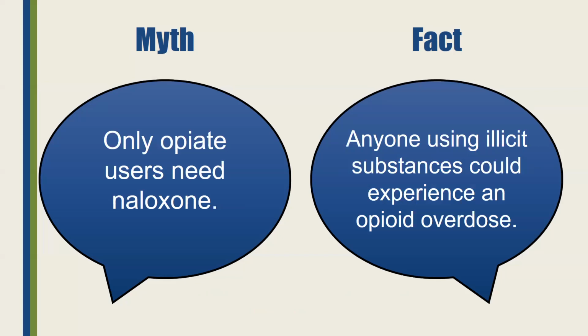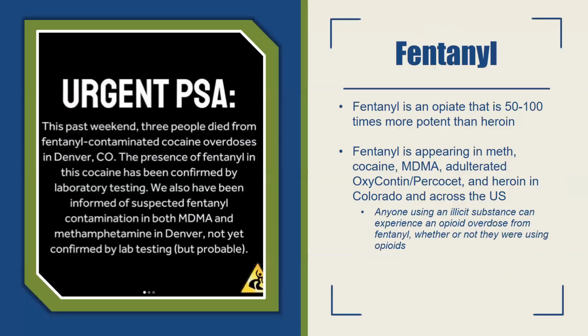Another myth that we have been hinting at is that only opioid users need naloxone. The truth is that anyone using any sort of illicit substance could experience an opioid overdose and therefore needs naloxone, and so do their close friends, family, and community. The reason for that is largely fentanyl.